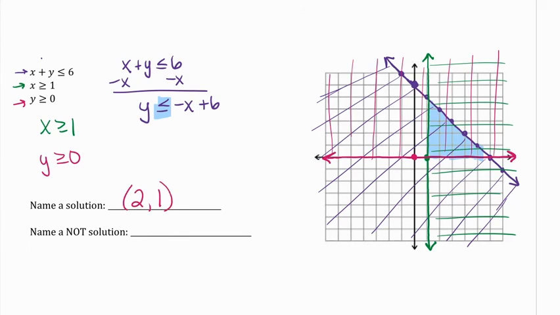Okay, that point is right there. That is inside that blue shading. If I want to pick a point that's not a solution, basically anywhere except for inside that triangle or on any of the lines. So I could pick 0, 0, 4. Right, that is right there. That is not a solution because it's not inside the blue shading.